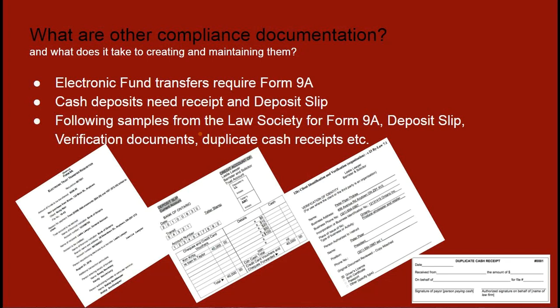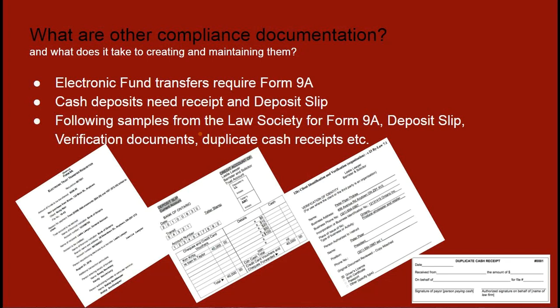And sometimes having duplicate cash receipts or retainer receipts helps. So typically, when you look at legal accounting software, you would notice that when you generate a retainer receipt, there are two sets of documents that are generated. These are some of the little nuances of legal accounting software that are more specific to the nature and compliance aspect of your legal business.